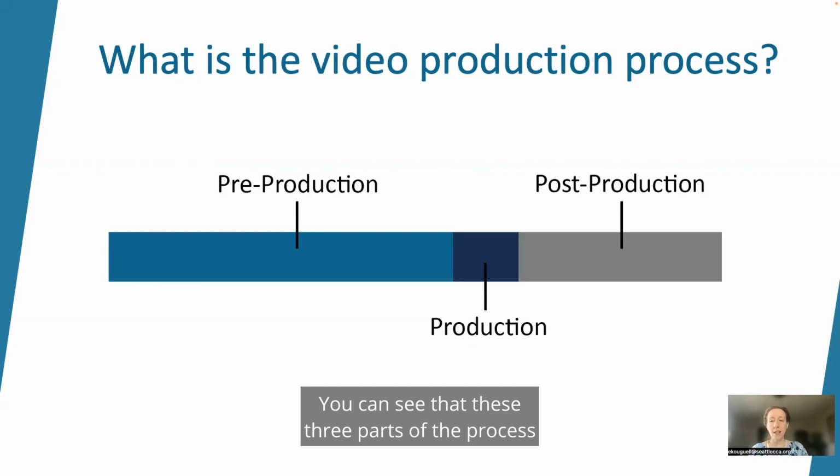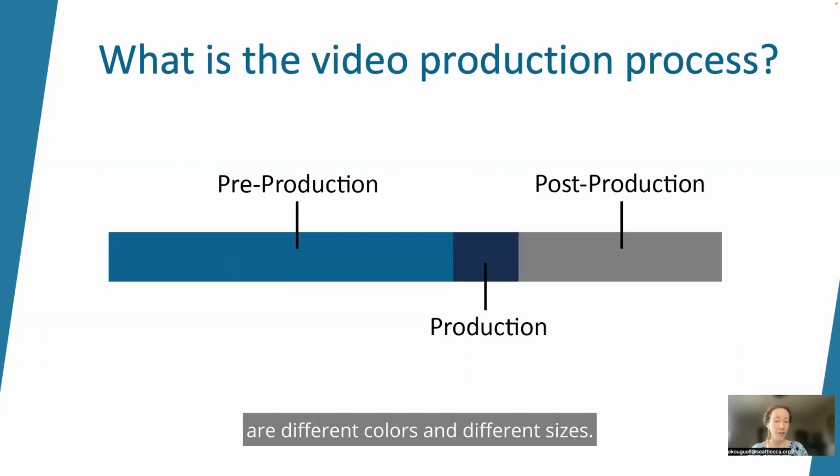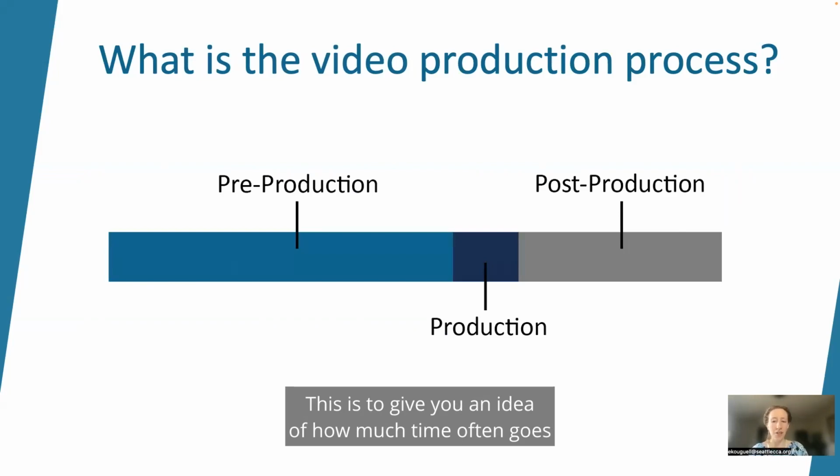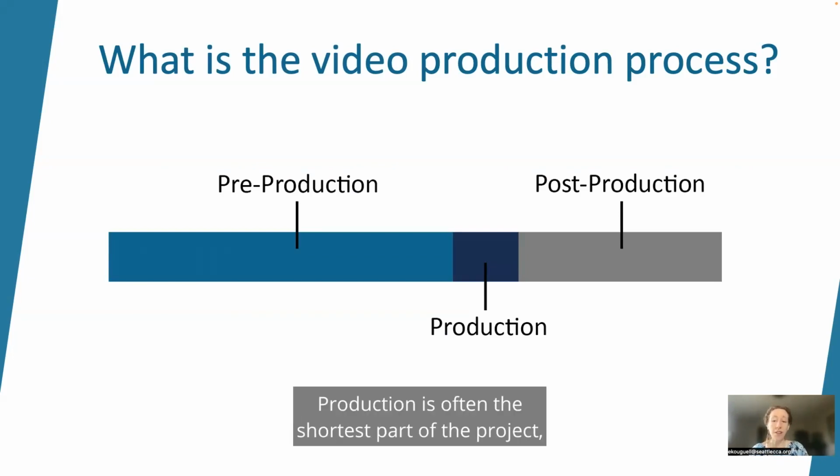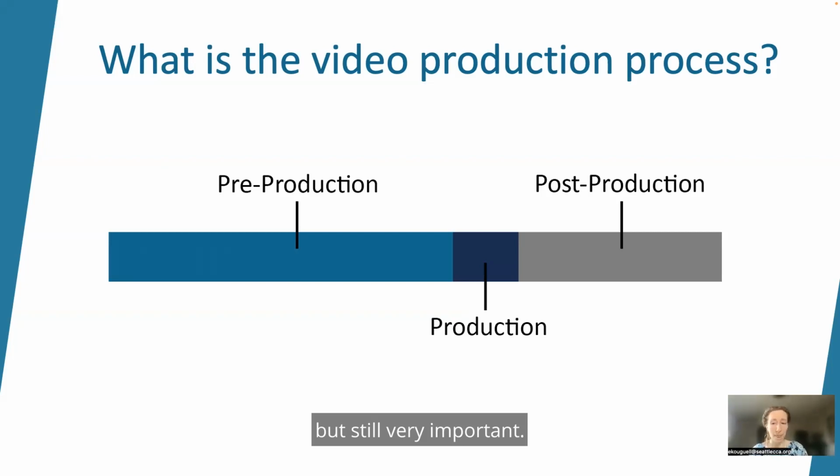You can see that these 3 parts of the process are different colors and different sizes. This is to give you an idea of how much time often goes into each part of the process. Pre-production should often be the biggest and longest part of the project because that's where you're planning and preparing everything. Production is often the shortest part of the project, but still very important. And post-production is kind of in the middle.